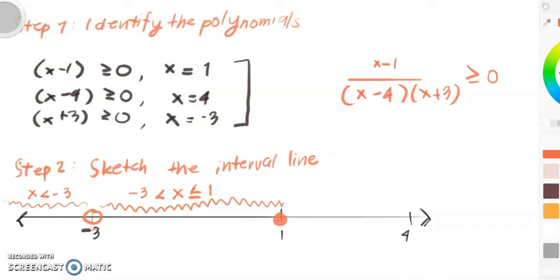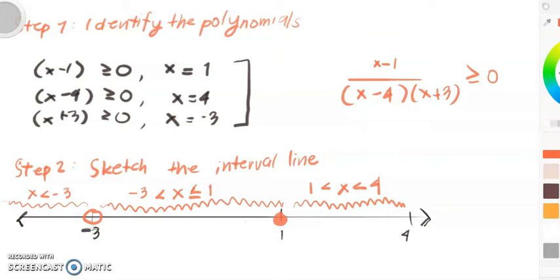For the right side of 1, we have x values that lie between 1 and 4. So we have x greater than 1, but strictly less than 4. Note that again, we do not want 4 to be included in the possible values for x, because if we put 4 in this polynomial, that would result in a 0 denominator, which is invalid.